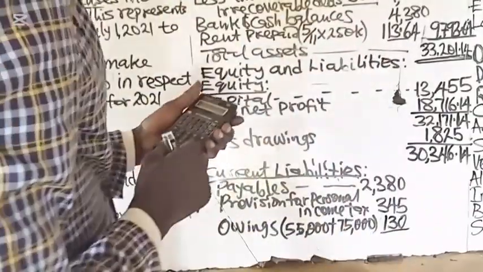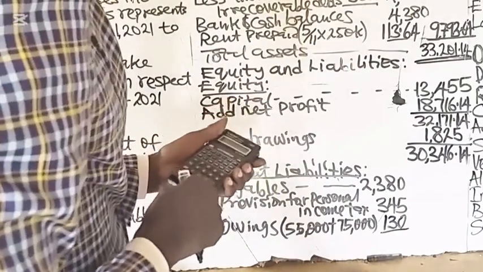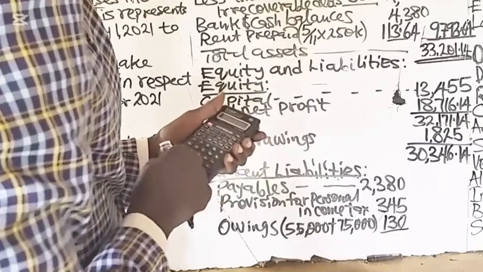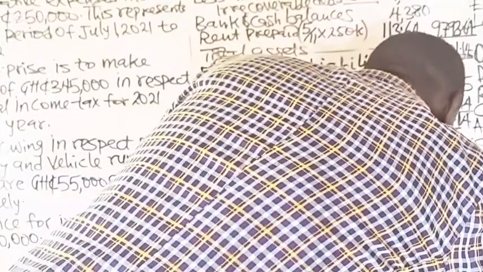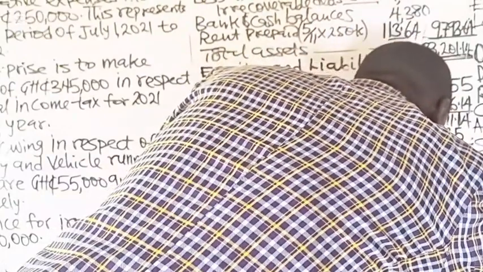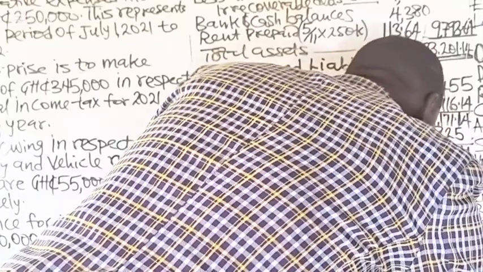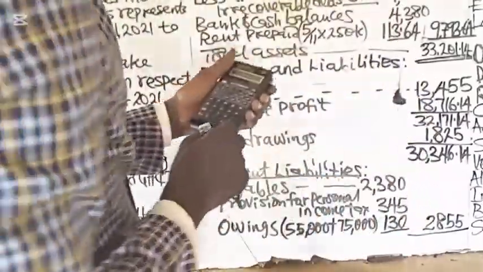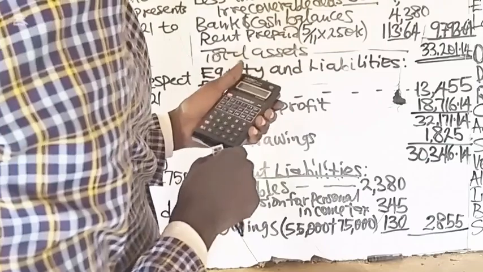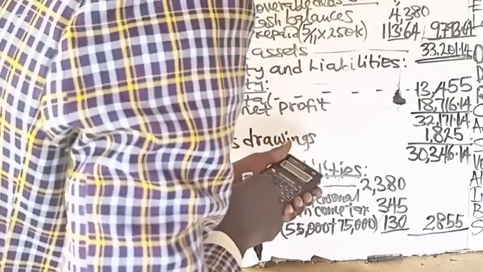So let's sum up our current liabilities. 130,000 plus 345,000 plus 2,380. Our current liabilities total 2855. You now add the liabilities to your equity, and our equity is 30,346.14.